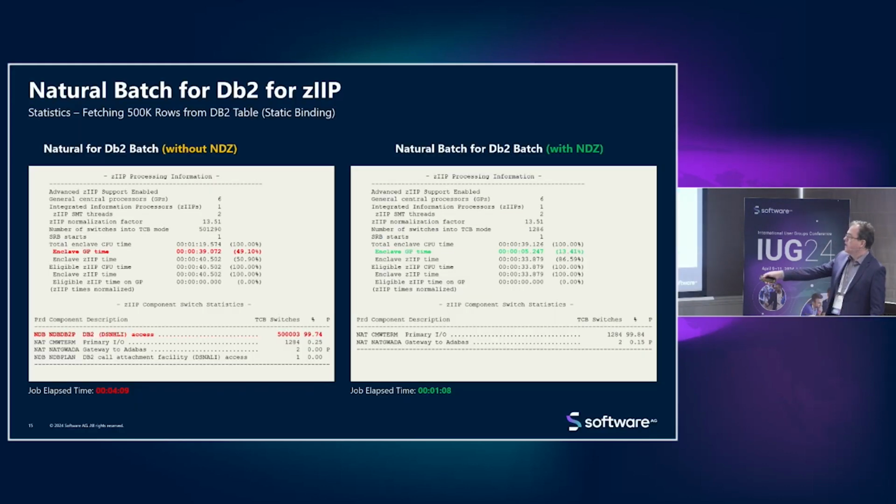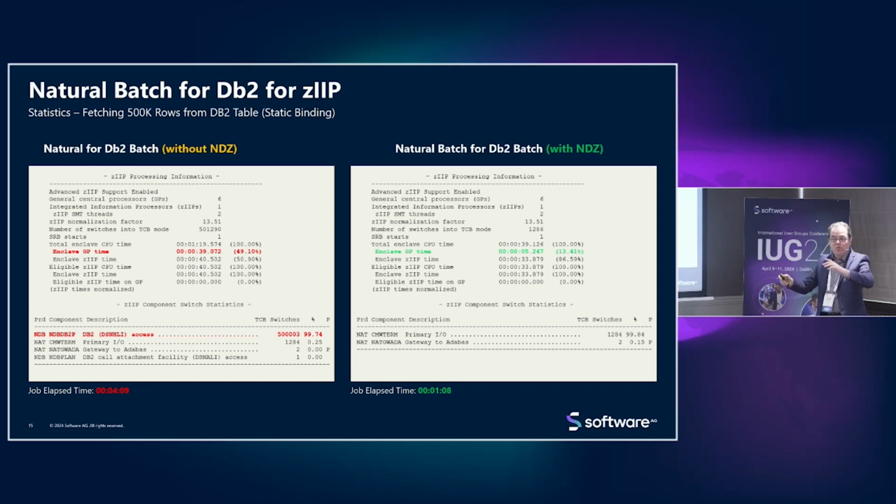And here, quickly, an example. Before, in DZ, we have a zIIP offloading rate of 49% with a program which is fetching 500,000 rows from a DB2 table, and we are having a lot of DB2 access switches, as you see. Almost the same number of rows we have in switches here.